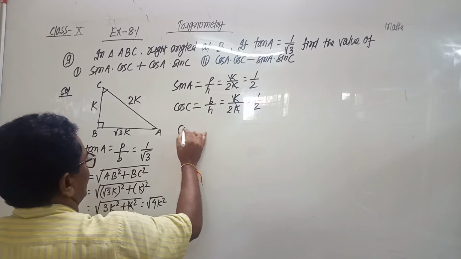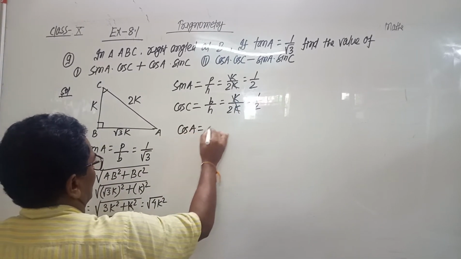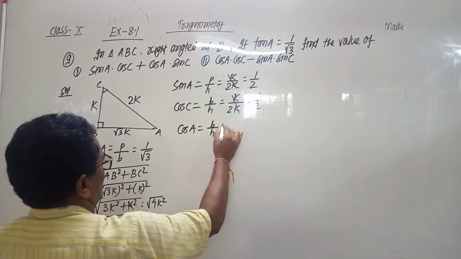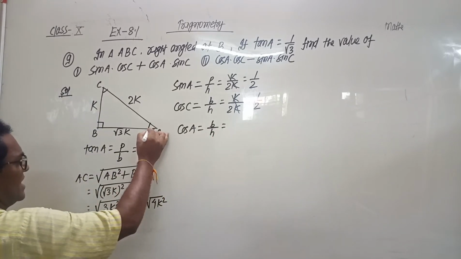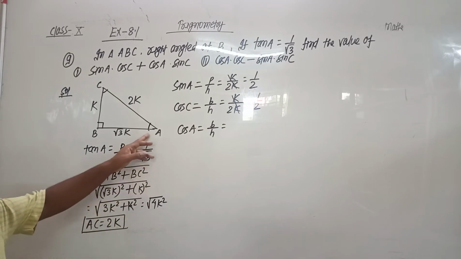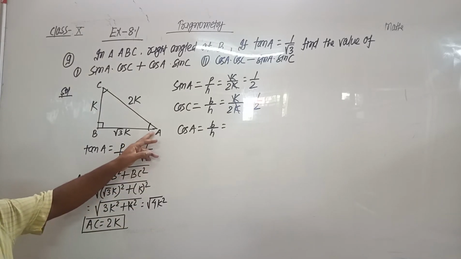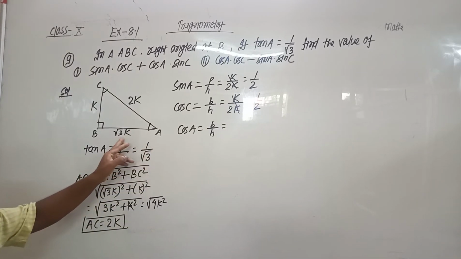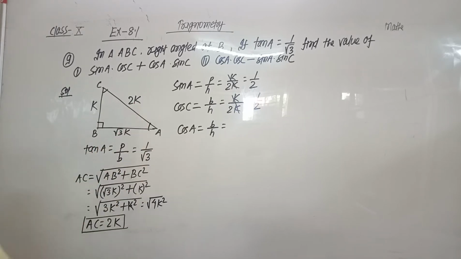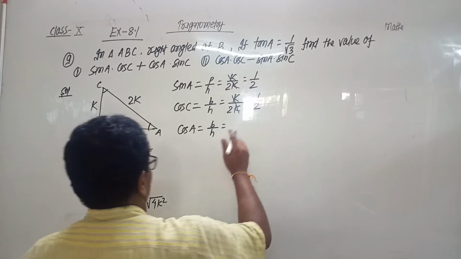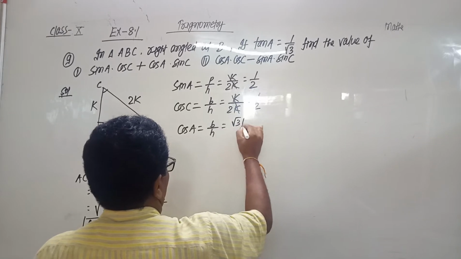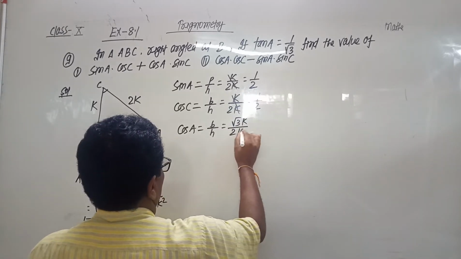Then we calculate the value of cos A. Cos A is base upon hypotenuse. For this acute angle, the base is root 3k and the hypotenuse is 2k.